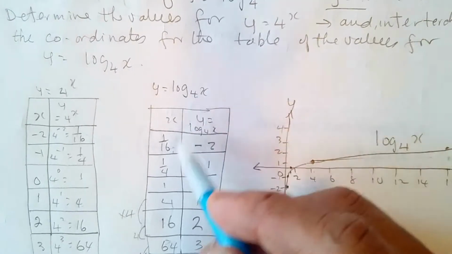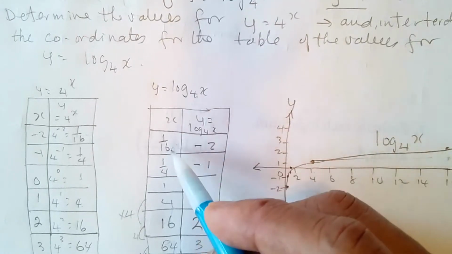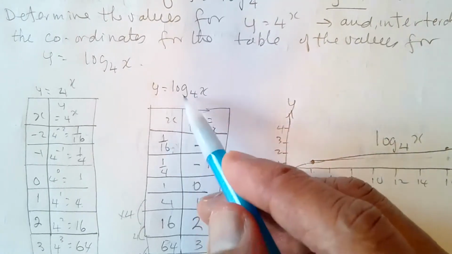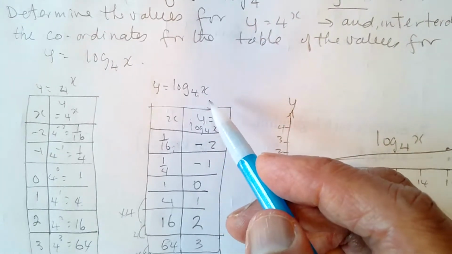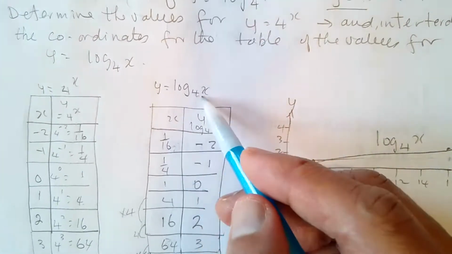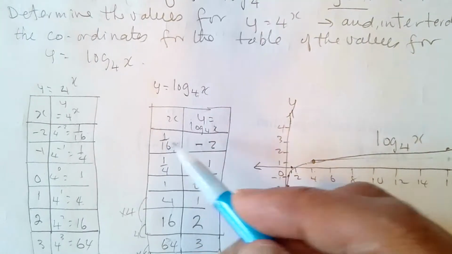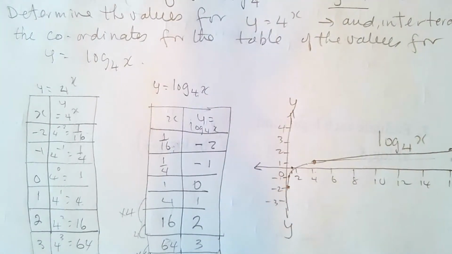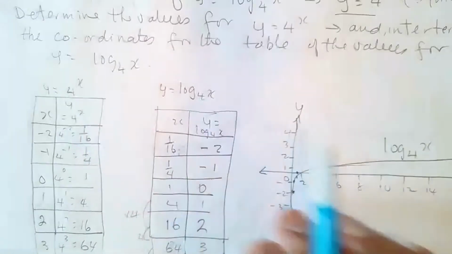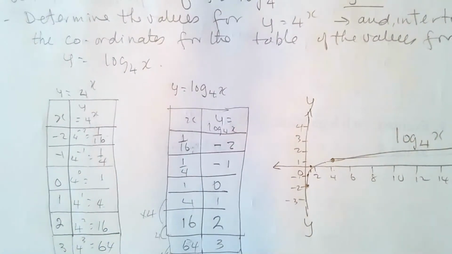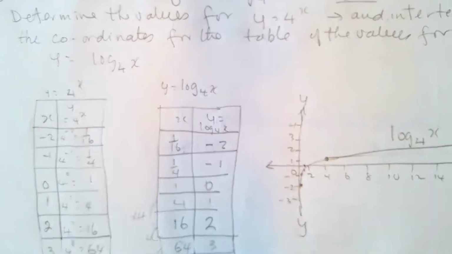If it was 2, you find powers of 2. In this case, 4 would be 1/16. If it was 2, you would probably go to, say, 1/4, etc. That's one way of getting around doing two tables.